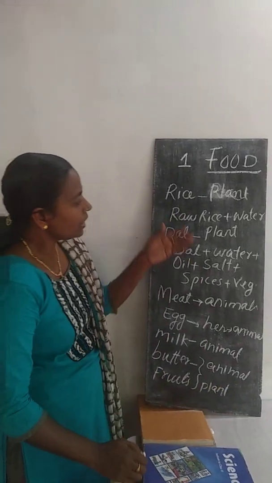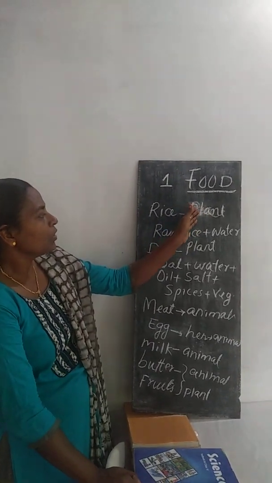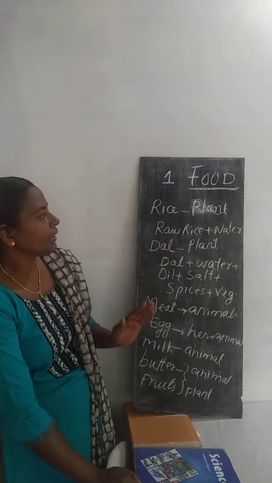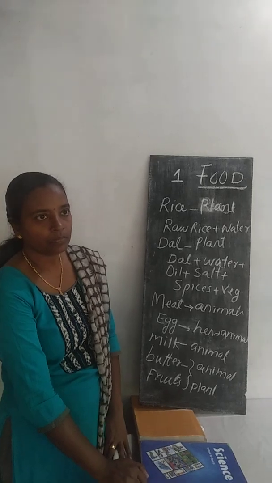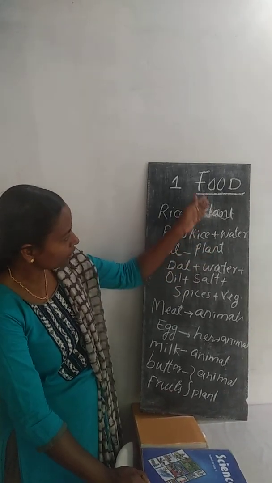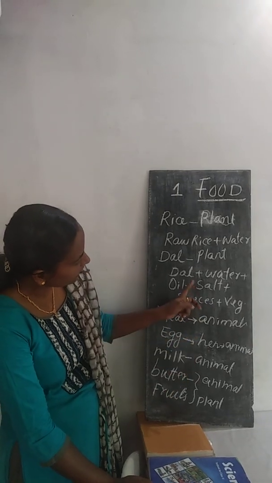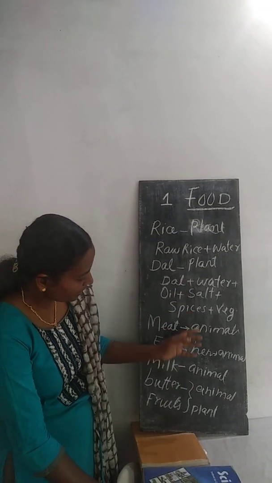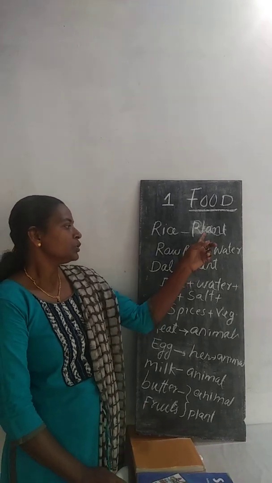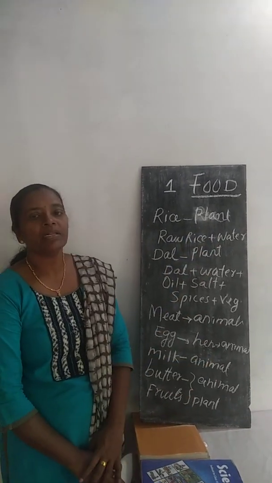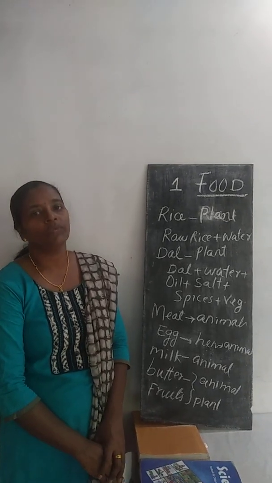When we list out the things like this, we can see that almost all the food items we are getting either from a plant or from an animal. In this list you can see 1, 2 items are from plants and all the remaining items are from animals. So plants and animals are the 2 main sources of our food.